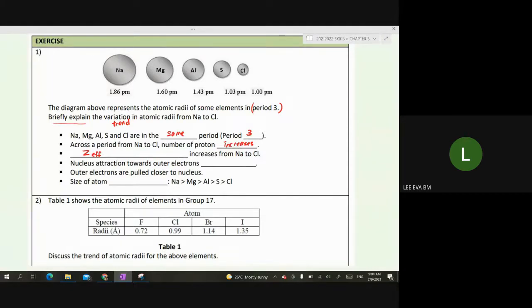So the nucleus attraction towards outer electrons becomes stronger or weaker? Stronger, because ZEF increases. Therefore, outer electrons are pulled closer and the size of the atom decreases from sodium to chlorine.